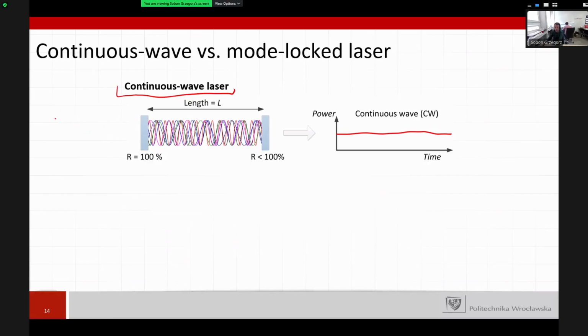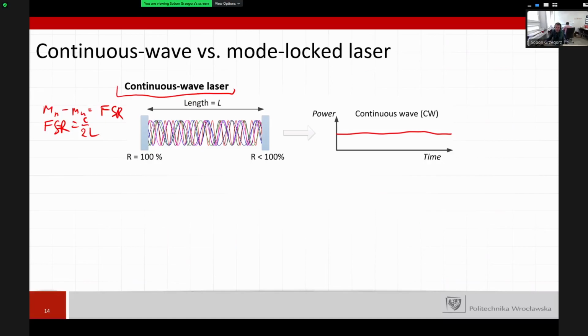They, of course, differ by the same frequency. For example, the difference between the frequency of the mode number n and the mode number m will be equal to the FSR, which is c over 2L. So the frequency difference between the consecutive modes is constant, but the phase might vary.